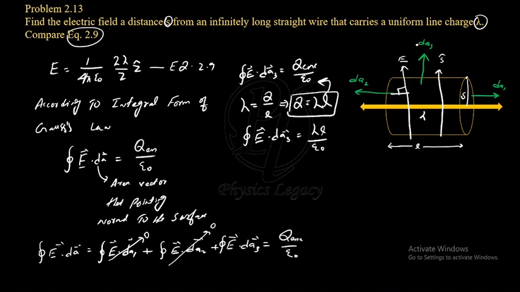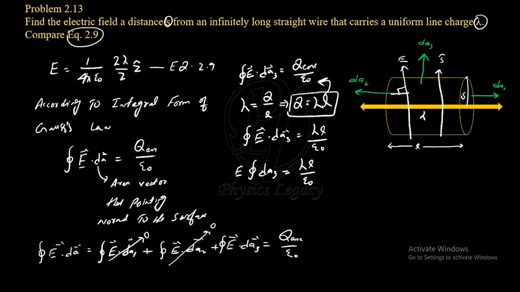As you see from the figure, area vector dA3 and the E field are parallel to each other, so the angle between them is 0. By taking the dot product, we have the closed integral of E dA3 is equal to lambda L over epsilon naught.